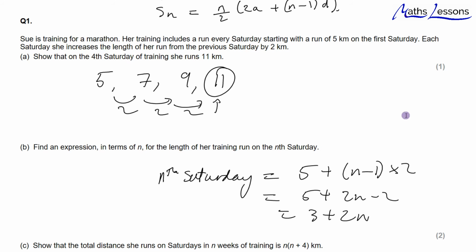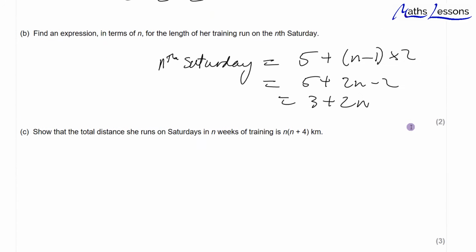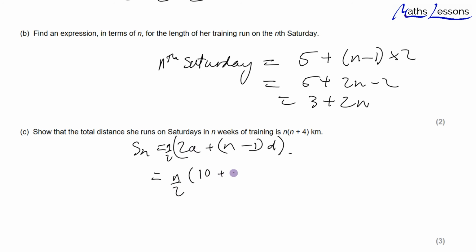Okay, so getting to the screen. So we know that the sum of the first n terms is equal to n over 2 times 2a plus n minus 1 lots of d. So we put n over 2, 2a, a is 5, so that gives us 10. And then we've got n minus 1 times 2.